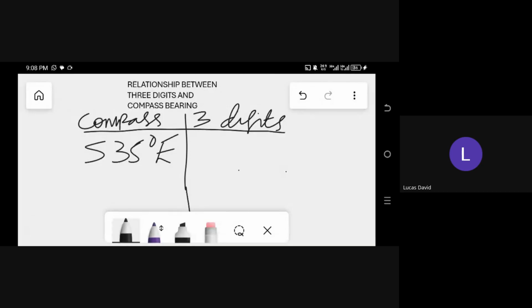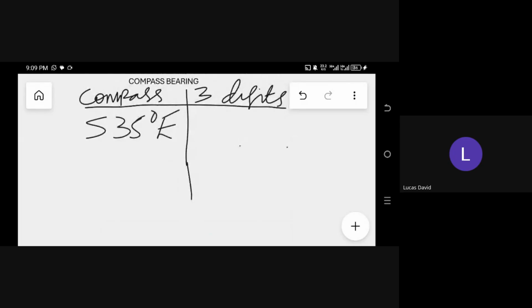Now, if you are to convert south 35 degrees east as a compass bearing to a 3-digit bearing, what would it be? All right, so we will try to illustrate south 35 degrees east as a compass bearing. We'll have to illustrate it first to see what it looks like.